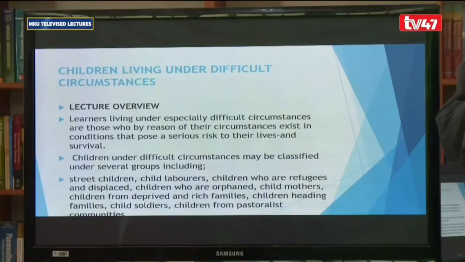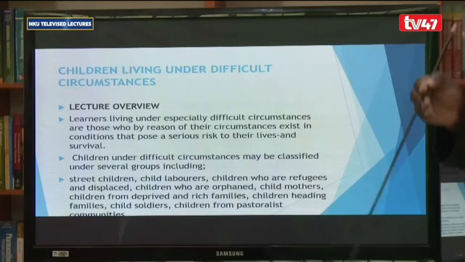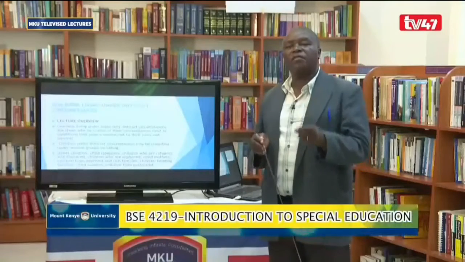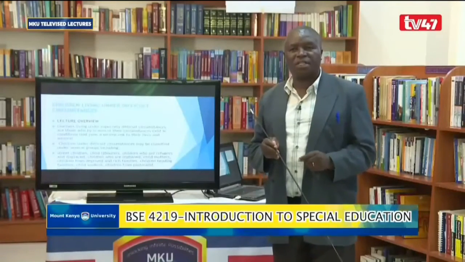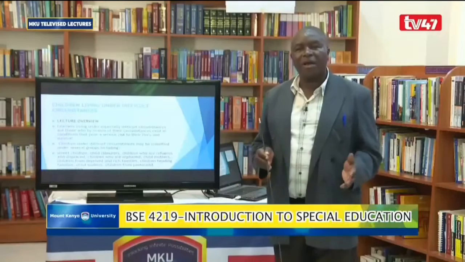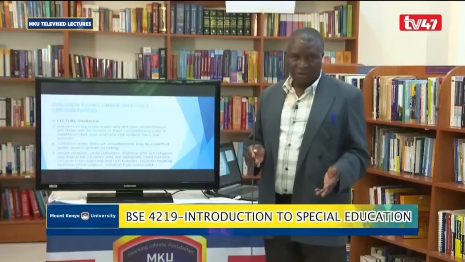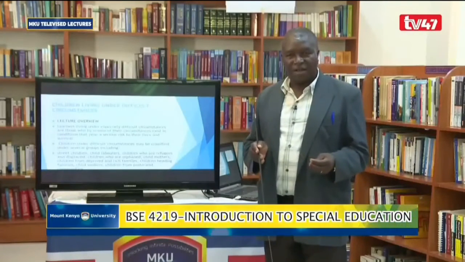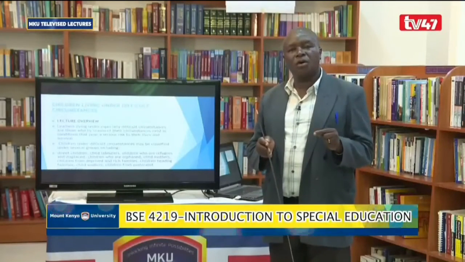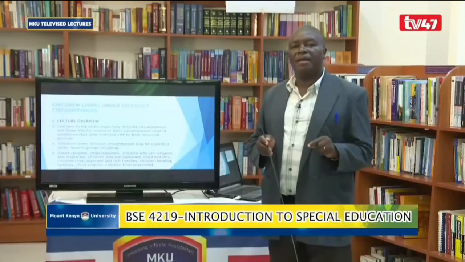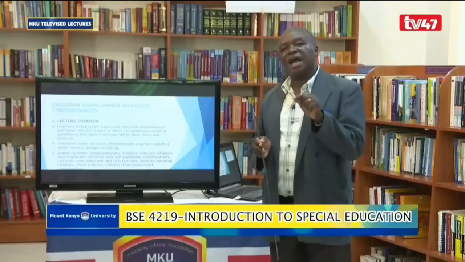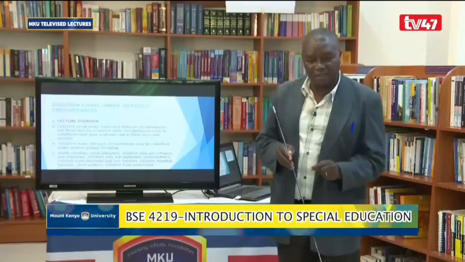While those with parents, in case of anything, for example, if they are chased from school, they are told to go home. They are either going to a guardian who is either a brother, a sister, or an aunt. That is the orphans. So most of the time you find that orphans are classified as living under difficult circumstances.